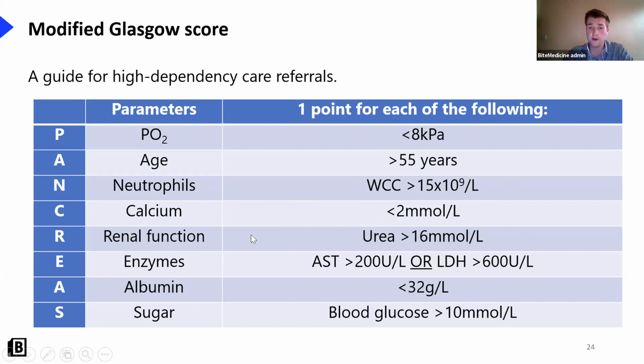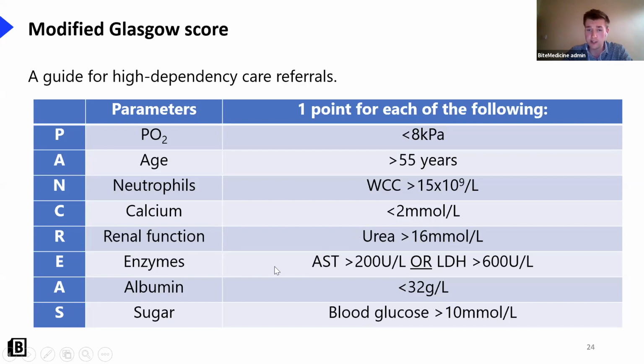In terms of renal function, a urea over 16 is a really bad sign. So for those who've attended my AKI webinar, you'll remember that elevated urea out of proportion to a raised creatinine is an indicator of a pre-renal AKI, i.e. reduced blood supply to the kidney, which is what we'd be measuring here as part of the severity index.